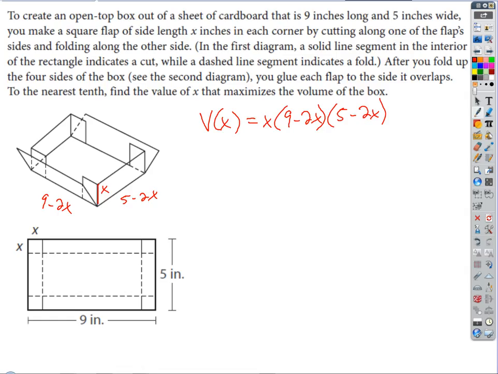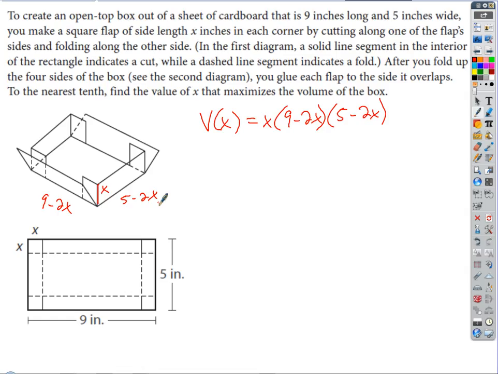Okay. So would you guys agree then, real quick, that x couldn't be negative, for example? That makes no physical sense. What's the biggest x could be before it couldn't even do it? Look at this right here. If we've got 5 inches to deal with, what's the biggest I could make my cuts in the corners before they ran into each other?